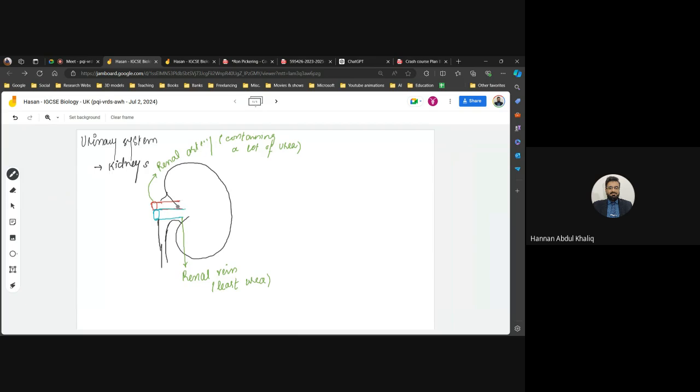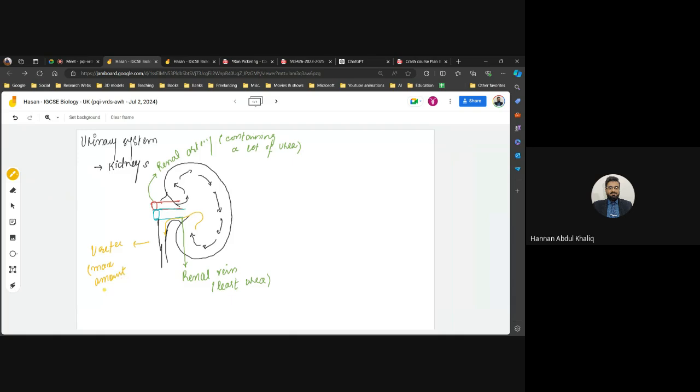See, when the blood enters from the renal artery, it goes all around the kidney and gets filtered. Now, all urea would go to the ureter. This is the ureter, and it contains the maximum amount of urea.